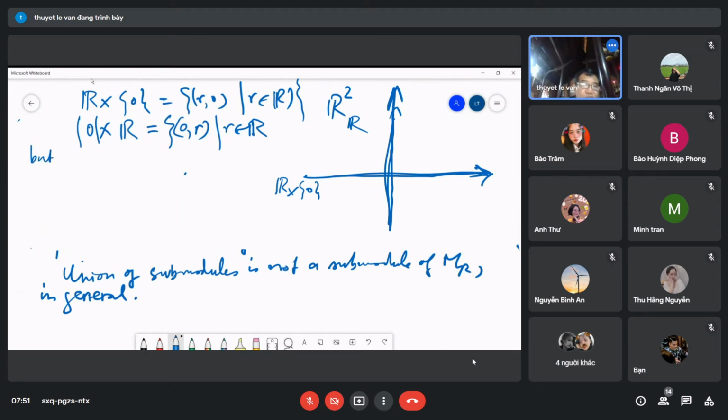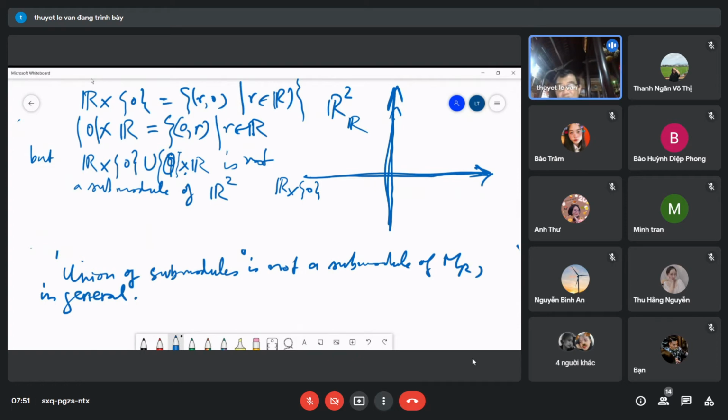But the union of these two is not a submodule of R square.